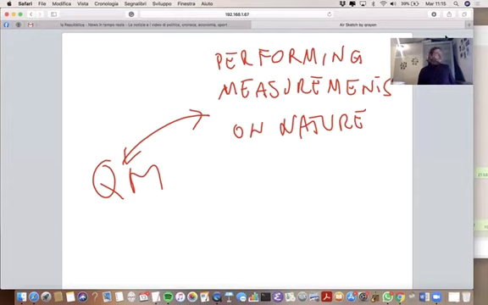But after him, and after the development of quantum mechanics, it became clear that science is not about natural philosophy, at least within the framework of quantum mechanics. It is about a much less ambitious task: understanding what happens when you try to perform a measurement, and therefore when you try to interact with nature.